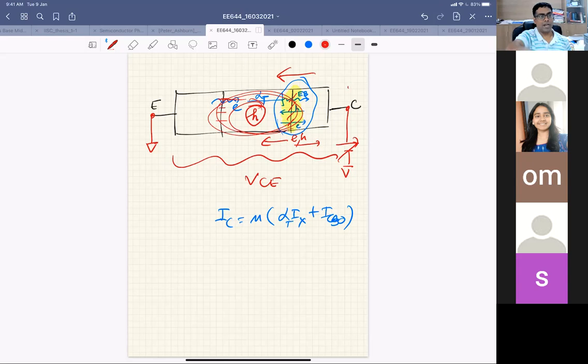So they are also taking part in the impact ionization, because they are increasing the base voltage and they are allowing more electrons to go from emitter to base. And these electrons are participating in the impact ionization, and that is also creating an impact. So if you compare BVCBO and BVCEO, from the physics point of view, BVCEO will always be less than BVCBO, right?